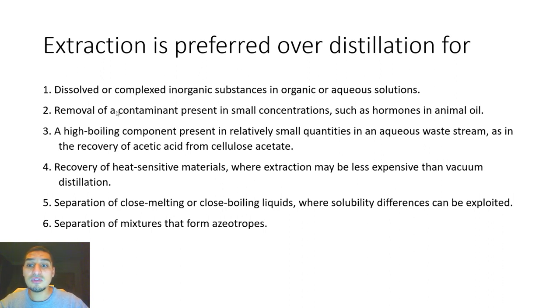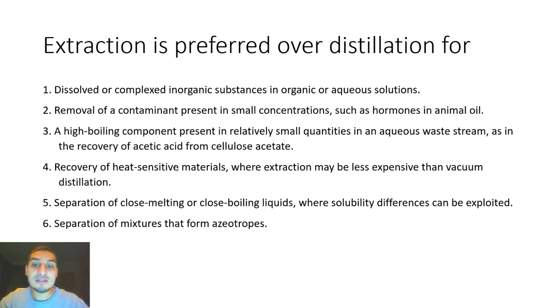In some cases, you would have a high boiling component that is present in small quantities, and in this case you need to do the distillation at very high temperature, so you can get that component in enough purity or good purity that you're looking for.